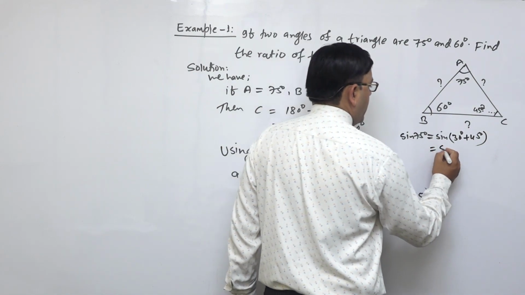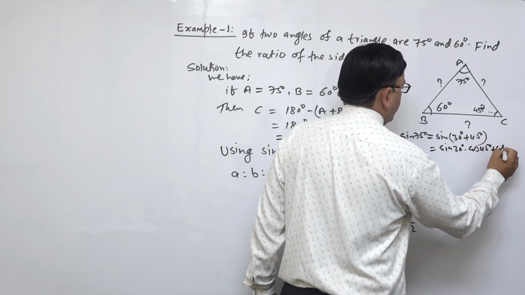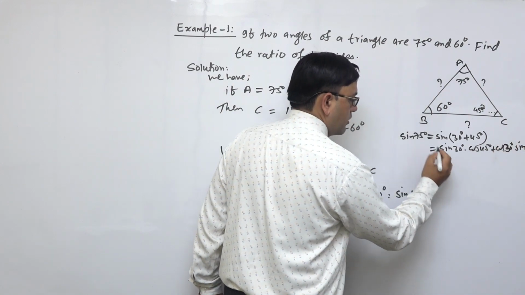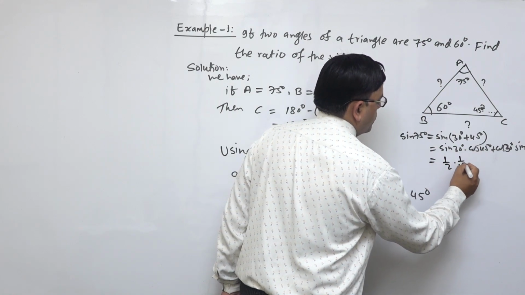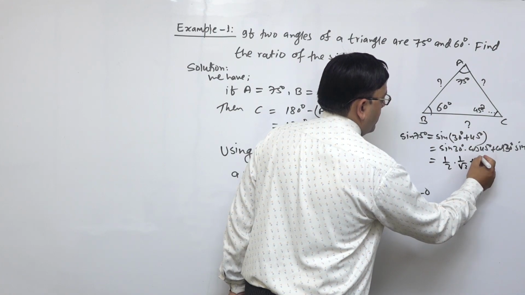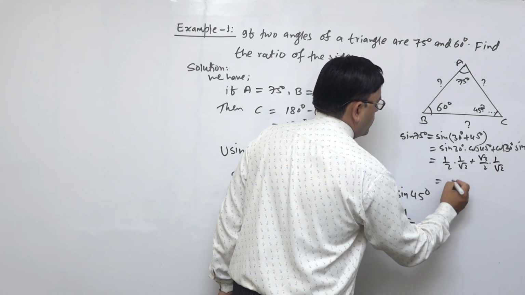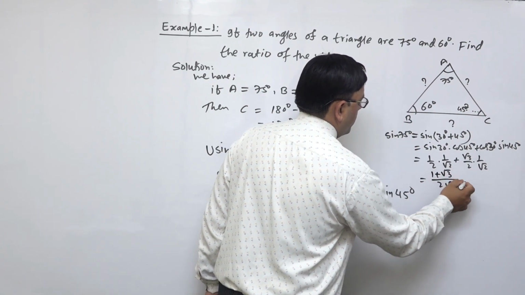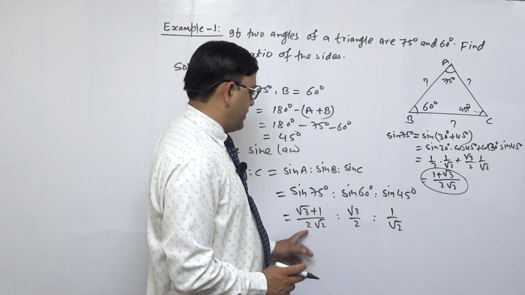So we can write sine A cos B plus cos A sine B. So this is equal to sine 30 is 1 by 2 times cos 45 is 1 by root 2, plus cos 30 is root 3 by 2 times sine 45 is 1 by root 2. So here we can take LCM 2 root 2 and then here is 1 plus root 3. So here sine 75 is 1 plus root 3 by 2 root 2. We wrote here root 3 plus 1 by 2 root 2. This is same.